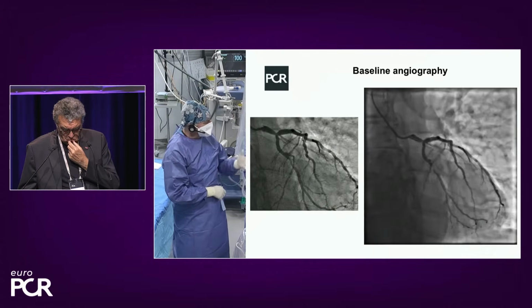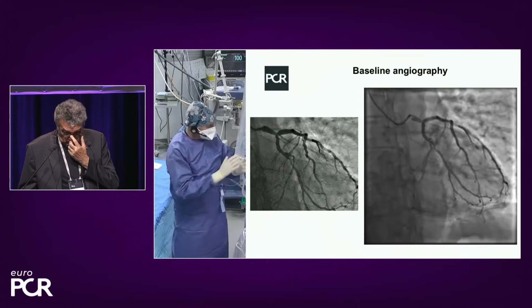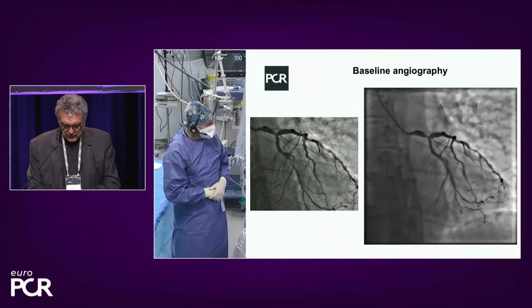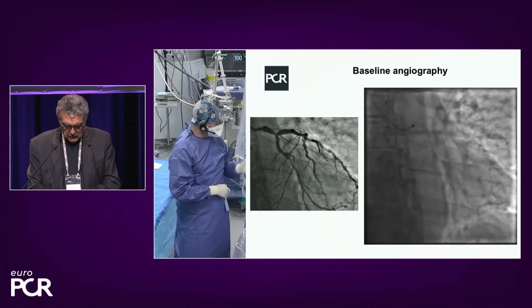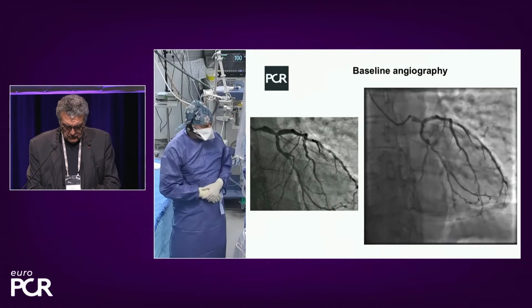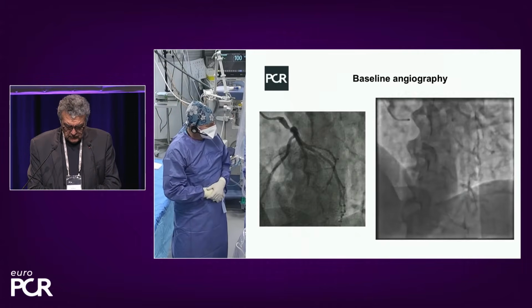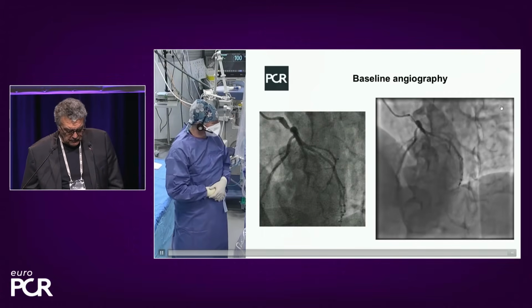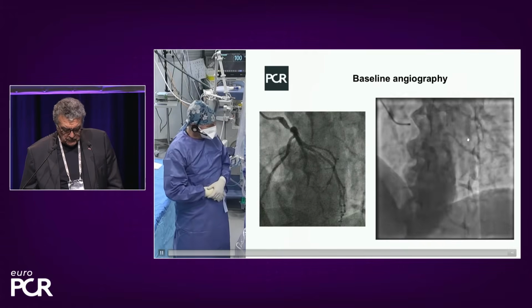So for the baseline angiography, this is the RAO view. You can see on this first view a quite tight lesion at the level of the distal left main. It's not much calcified, and there is also a tight lesion on the first marginal. Then we will move on to the cranial view. The cranial view confirms this tight lesion of the distal left main.